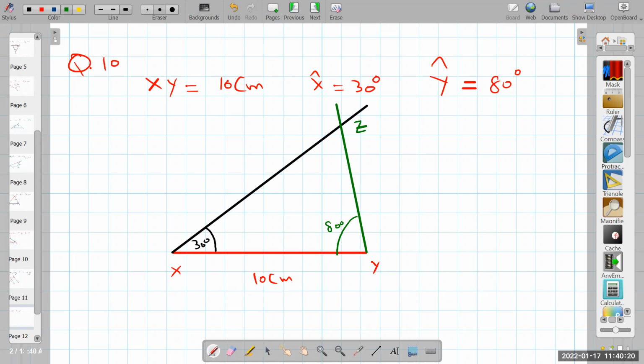Read question number 10. We need to draw the triangle XYZ. So that definitely if we have X and Y, the third one will be Z. Did we finish? Finish.